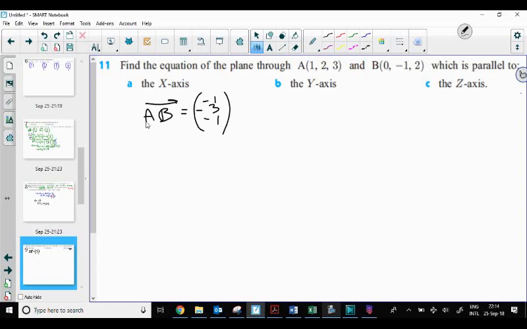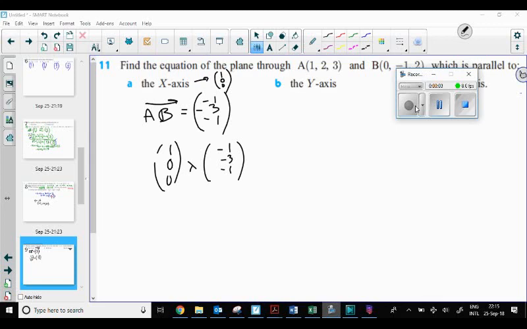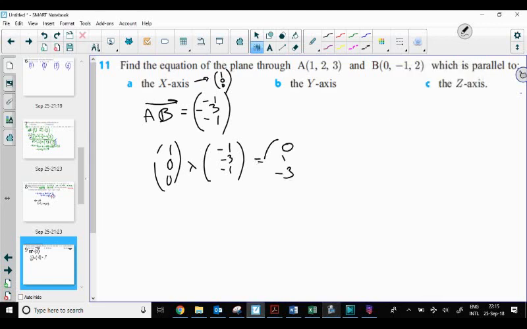That gives me the other direction vector, because the x-axis has a direction of 1, 0, 0. So I want to take the cross product of 1, 0, 0 with negative 1, negative 3, negative 1. And by the way, the order that you do this in doesn't matter. I'll show you why in a minute, but it's nothing to panic about. So anyway, that cross product is going to be 0, 1, negative 3.